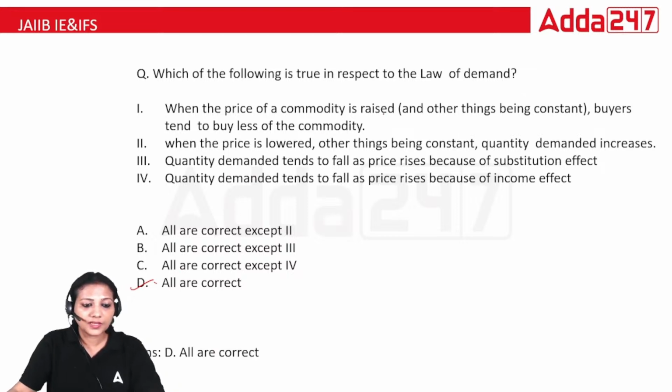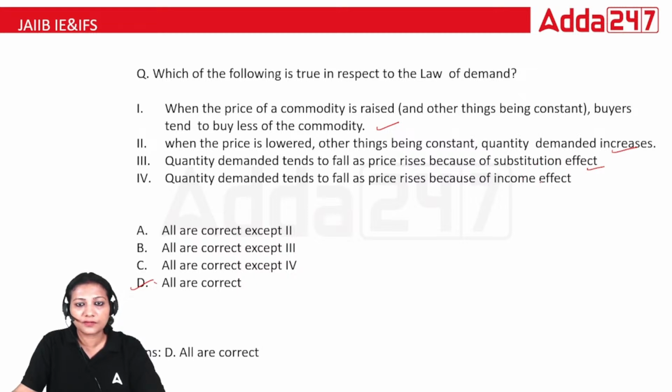When the price rises, the buyer will tend to buy less. This is absolutely true. Even when the price is lower, quantity demanded will increase. Quantity demanded tends to fall as price rises because of the substitution effect. When the price of something increases, we switch to other options.